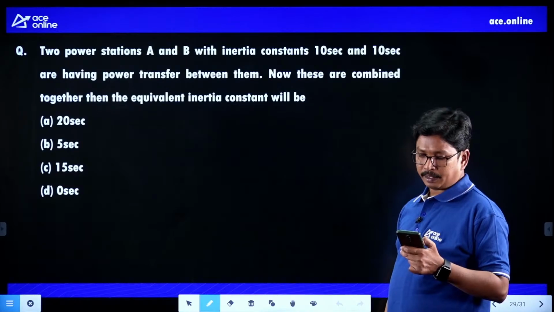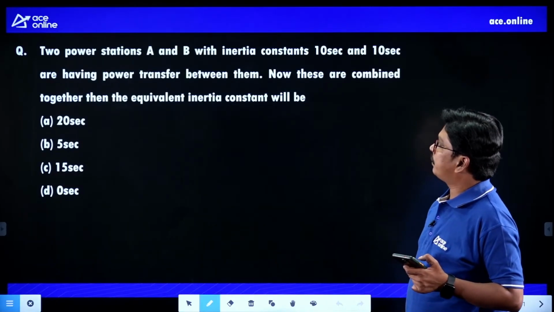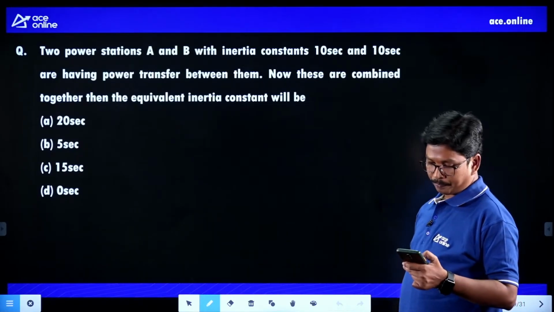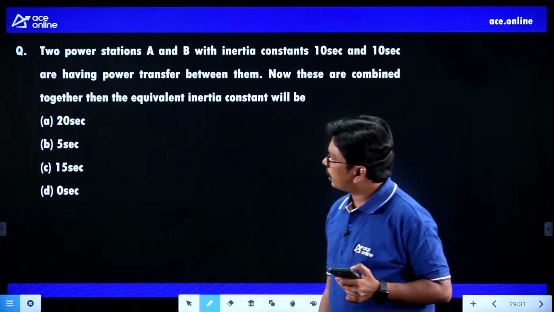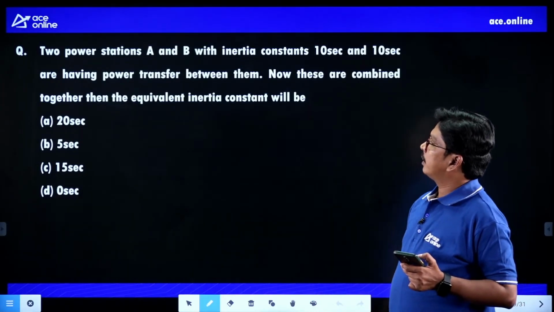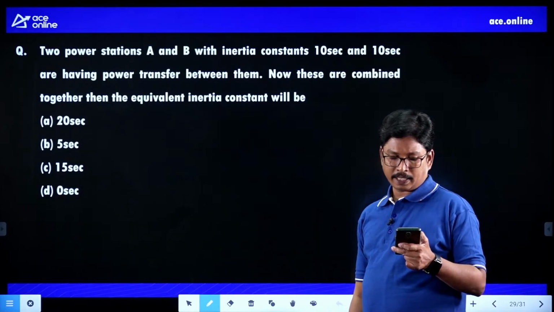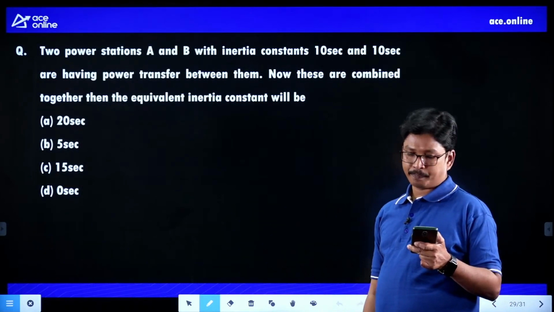Two power stations A and B with inertia constants 10 seconds and 10 seconds are having power transfer between them. Now these are combined together, then what is the equivalent inertia constant between them?